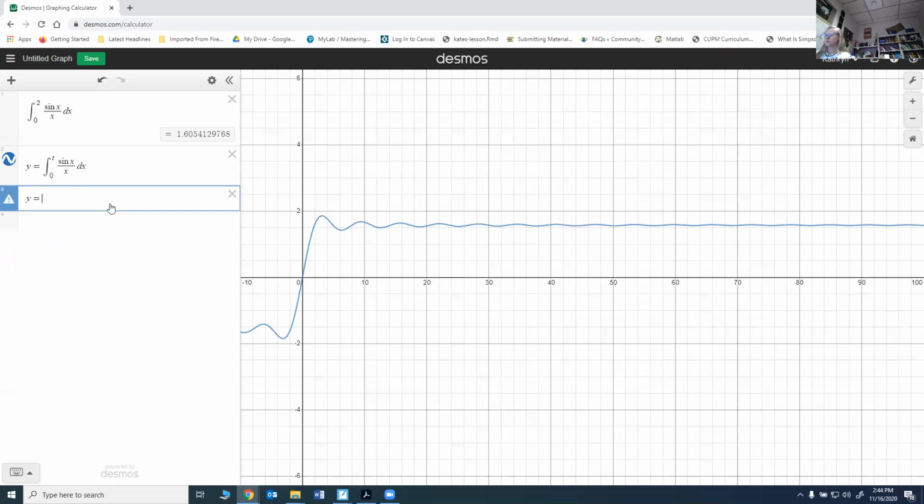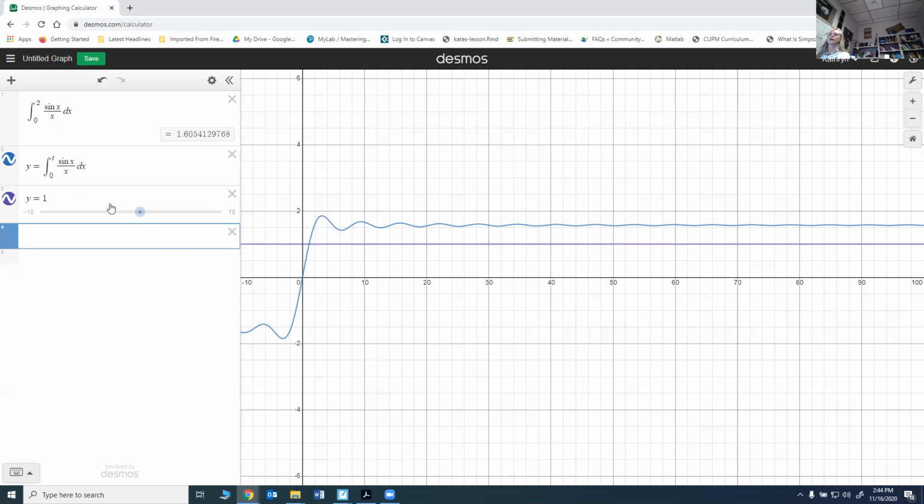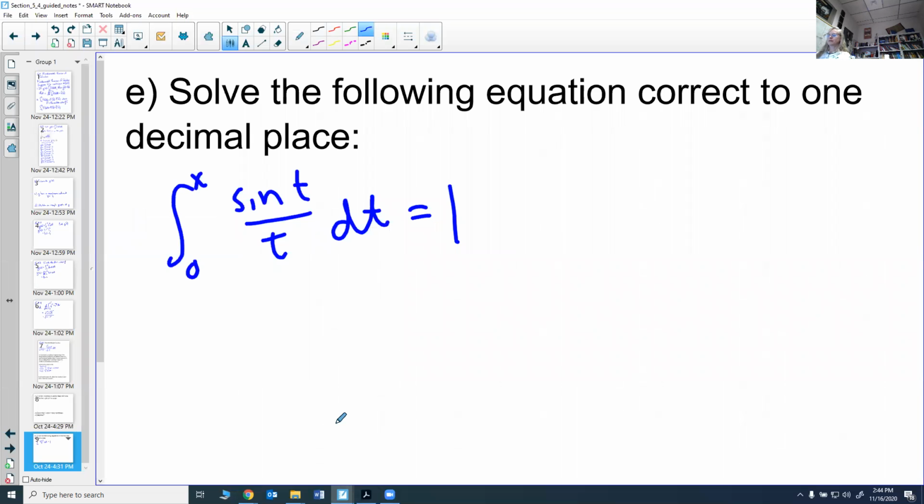Y equals 1. Okay, there it goes. Didn't like my y substitute. All right, so here's y equals 1. And I can now see that right there is where it crosses. So 0.85 is where I can see that happening. So x is around 0.85. And again, I get that from my graph in Desmos.